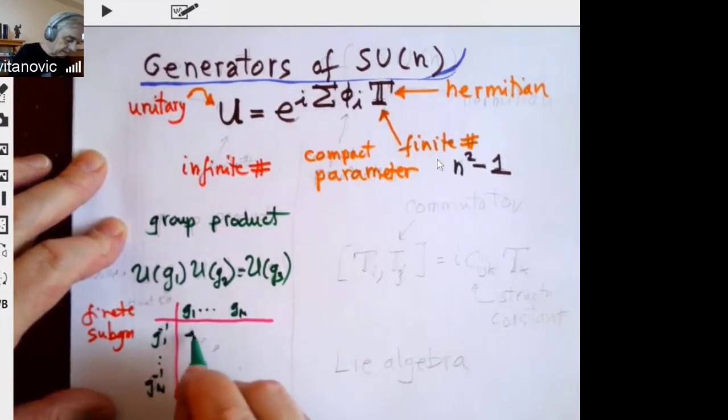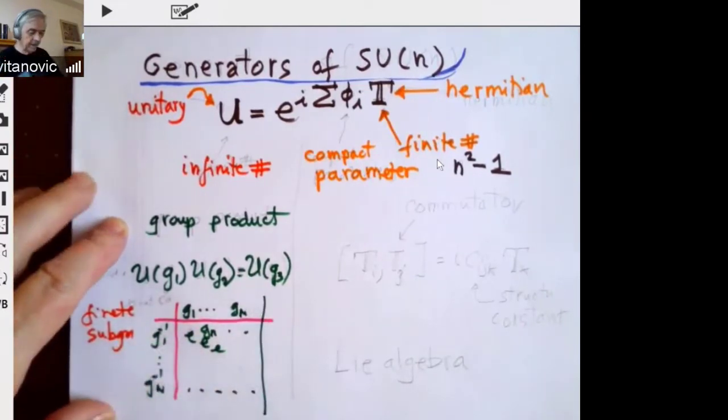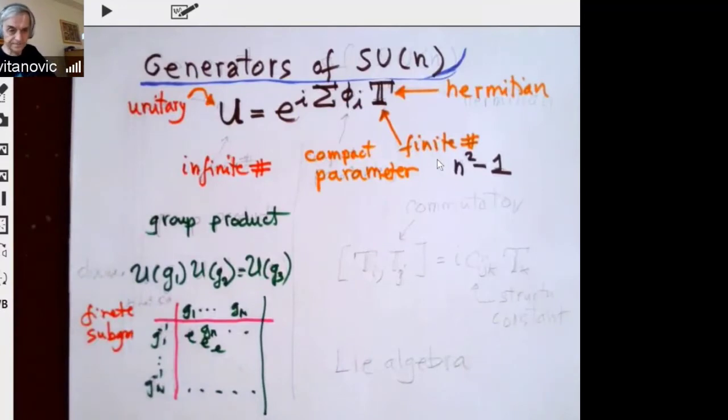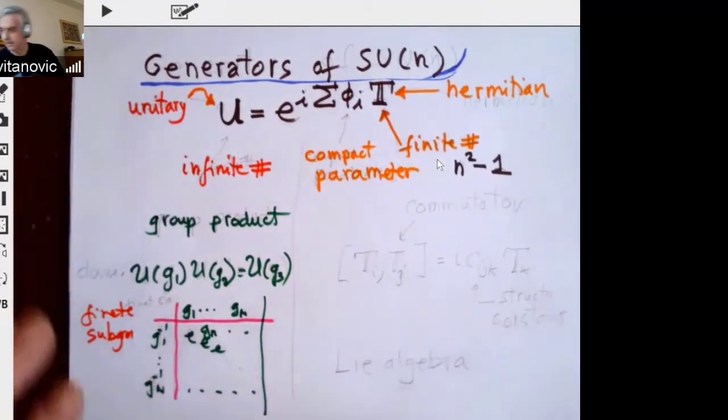I get e's on the diagonal, and I get some other elements here. I fill it out, and all realizations of symmetry which have the same multiplication table are isomorphic to each other, they're the same finite subgroup on an abstract level.